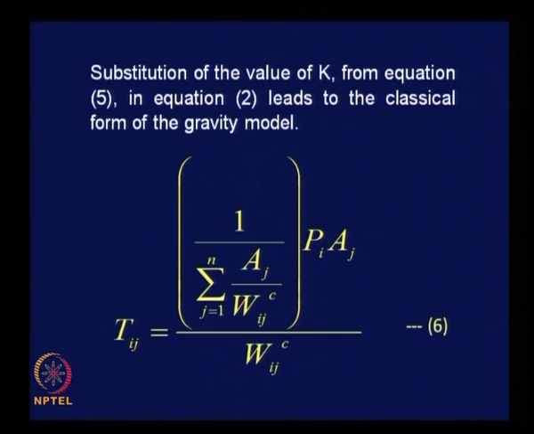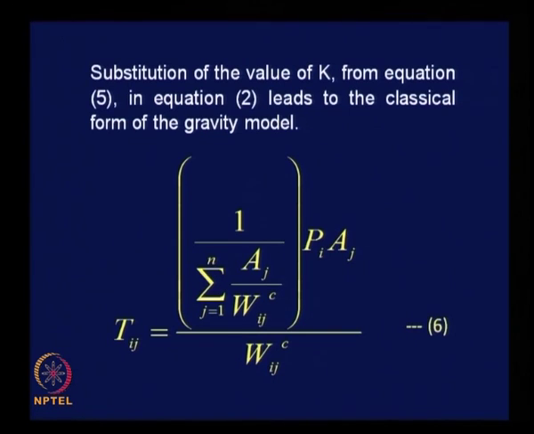right. So, we can write Tij to be equal to 1 by sigma j is equal to 1 to n aj divided by wij raised to power c into pi aj whole divided by wij raised to power c, isn't it.